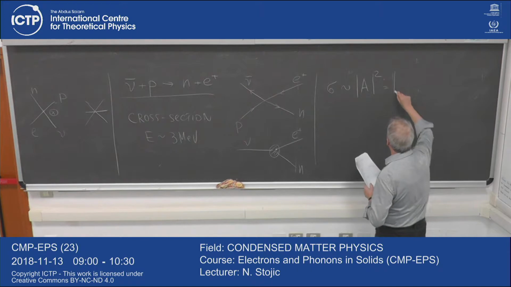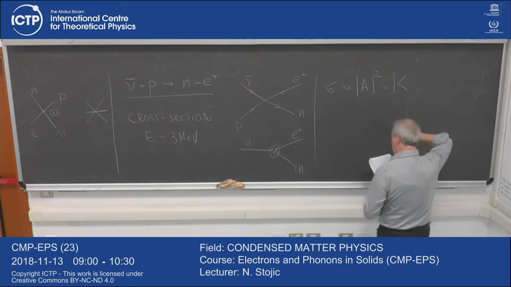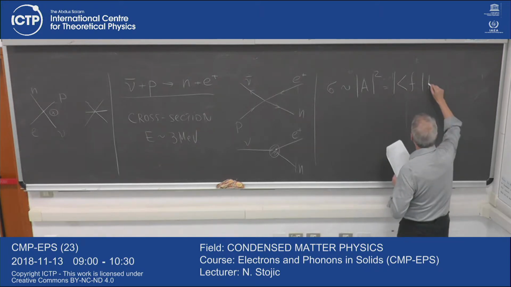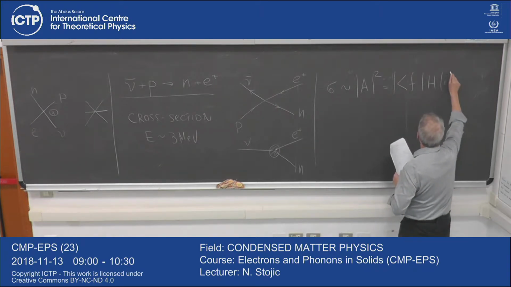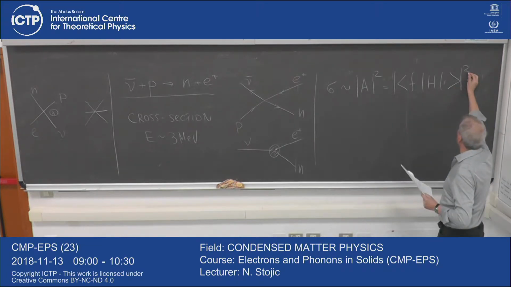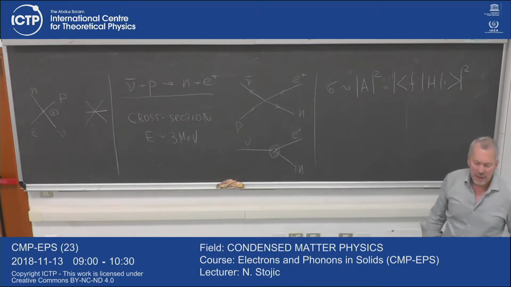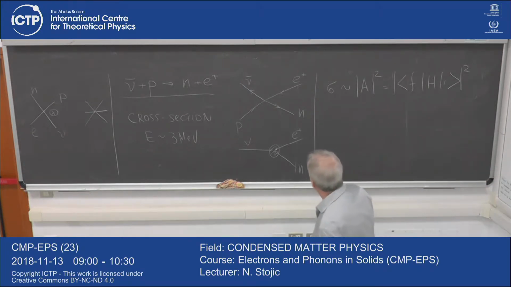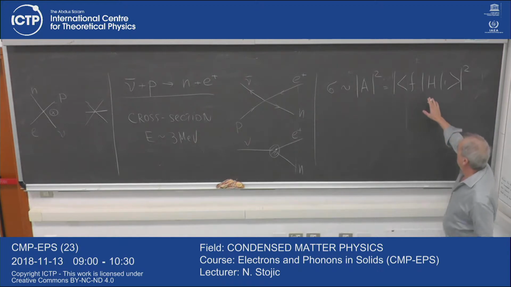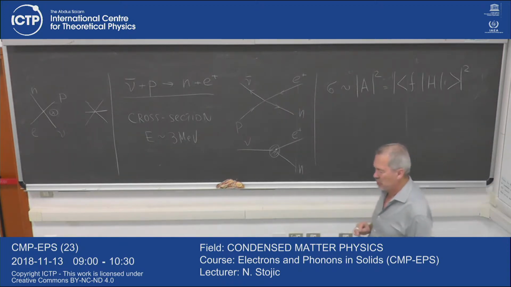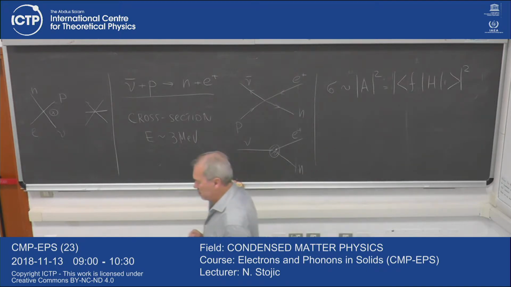And this is nothing but the moduli square of the matrix element between final and initial state, right, according to quantum mechanics. By the way, the question is why the Hamiltonian is the operator which gives the amplitudes of transitions and then probabilities eventually.